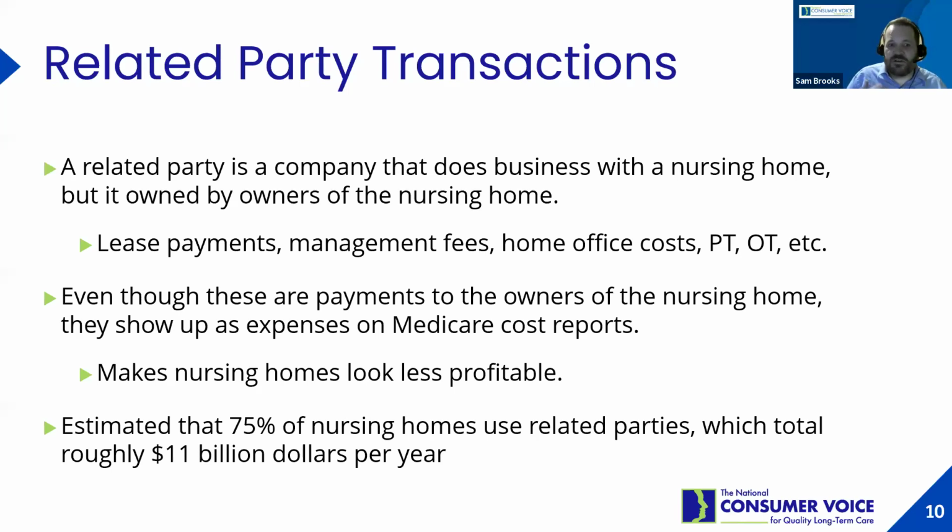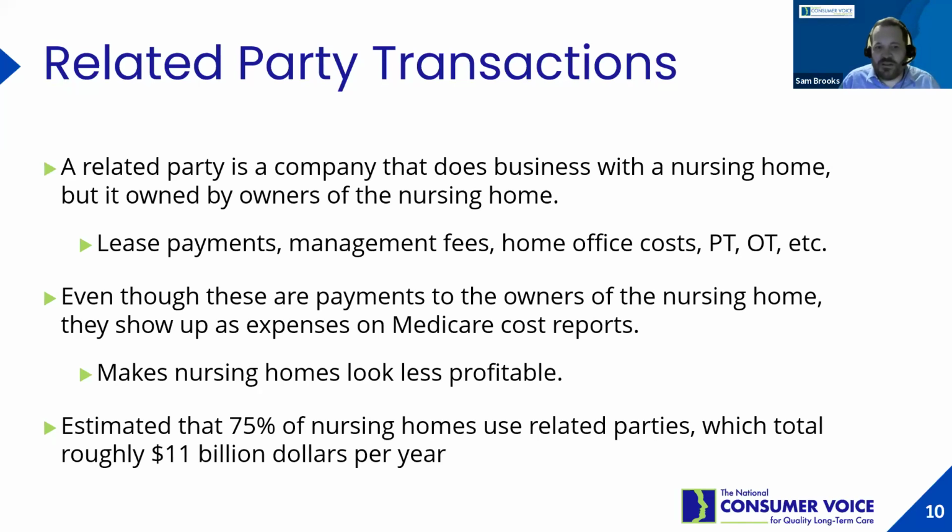Then you charge them home office costs. Then you open up a physical therapy company. And all this money is going out of the nursing home into these related party companies. And the same owners of the nursing home own the related party companies. So once that money goes into the related party, we have no idea what happens to it.